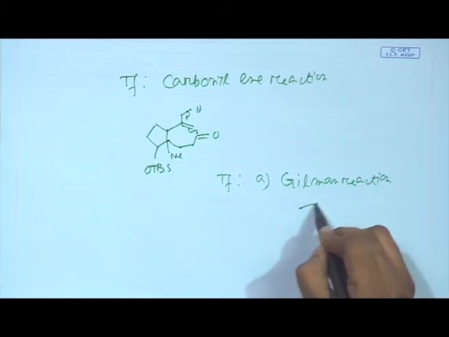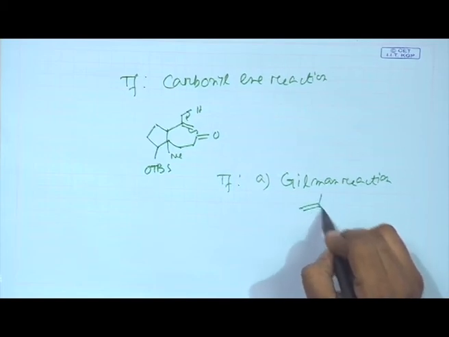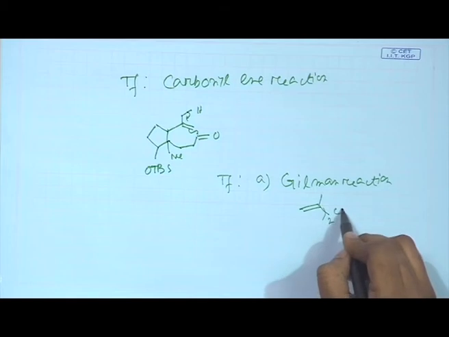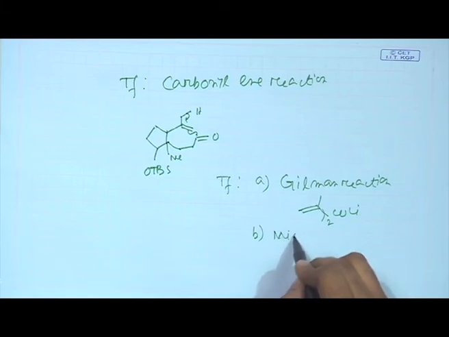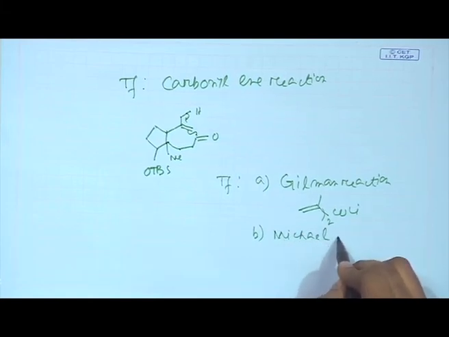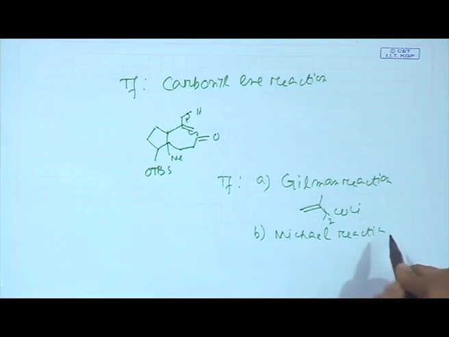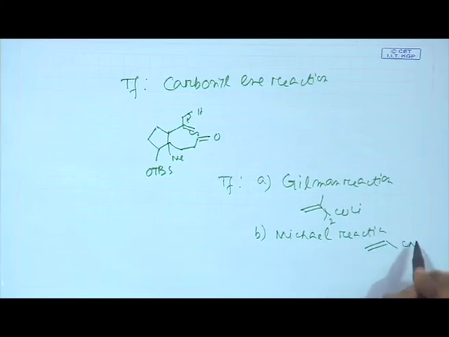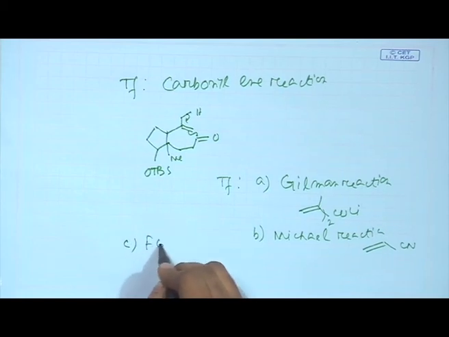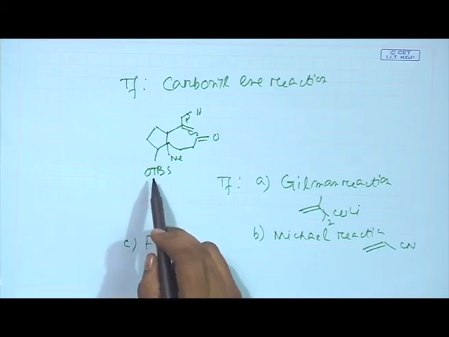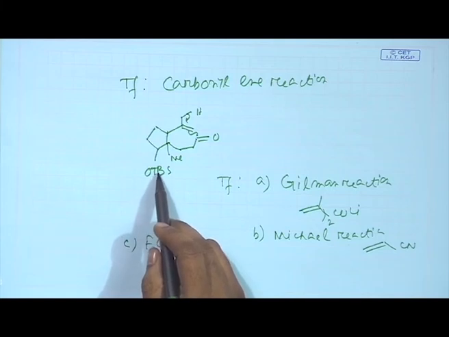So, in this case we are using a Gilman reagent, something like this copper lithium, and then in the same pot we are using a Michael reaction with acrylonitrile, that basically gives you CH2CN. This CN has been converted to CHO, and then we do a simple functional group interconversion to reduce this carbonyl group to alcohol, and then you convert this to a suitable protecting group TBS, because our final target structure has a TBS.